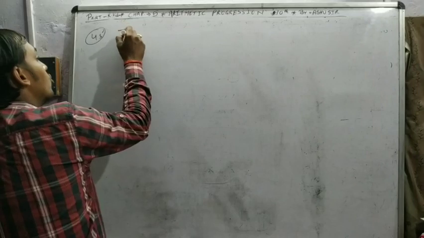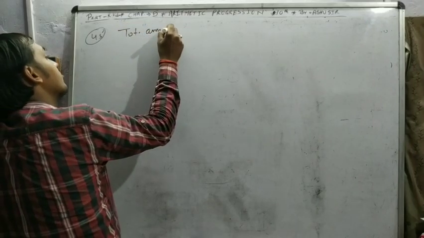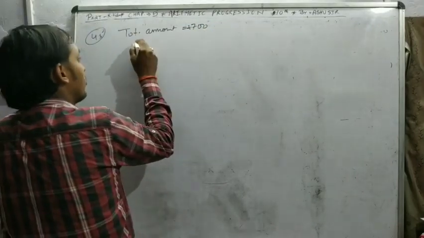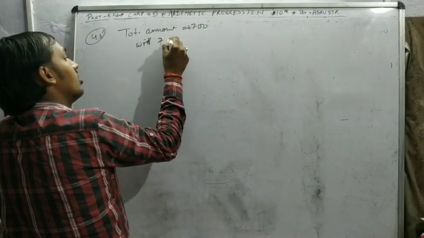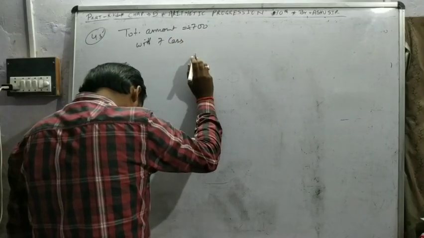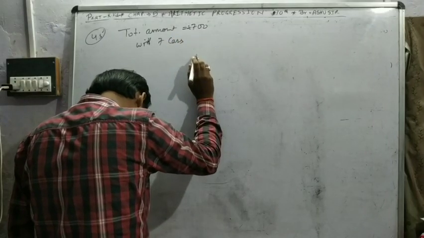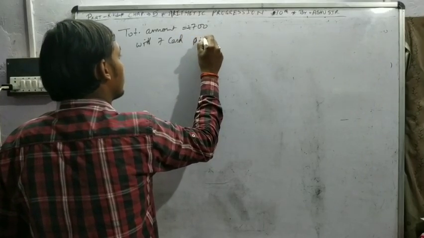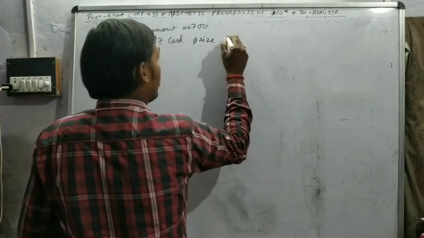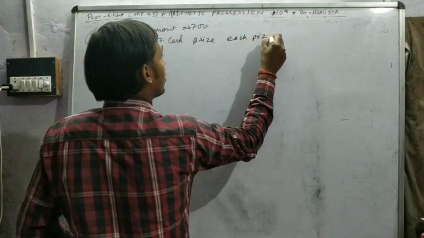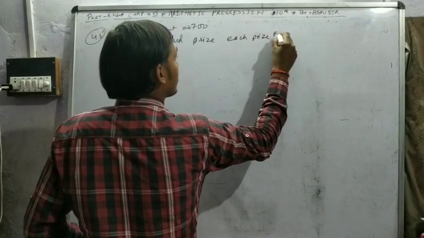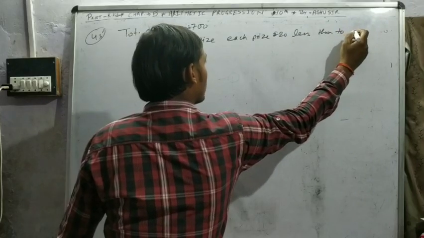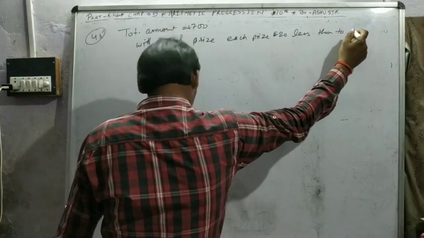Means the total amount is 700 rupees distributed among 7 cash prizes, each prize 20 rupees less than the preceding prize.